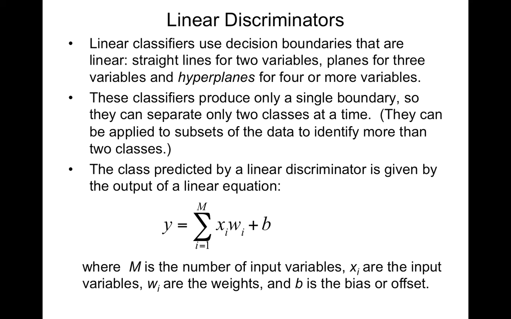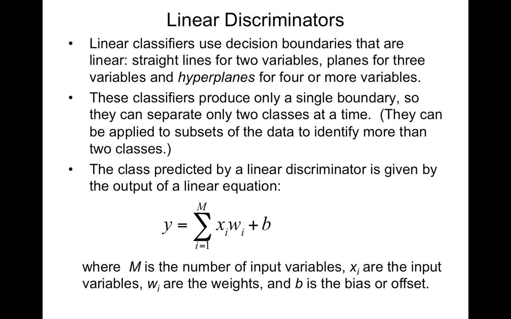So the class that's predicted by a linear discriminator is given by the output of a linear equation. y is equal to the sum of x sub i, w sub i, plus b. So if we just had 2 variables, then this would be basically a straight line. So b is your bias or offset, x sub i is your input variable, w's are the weights.